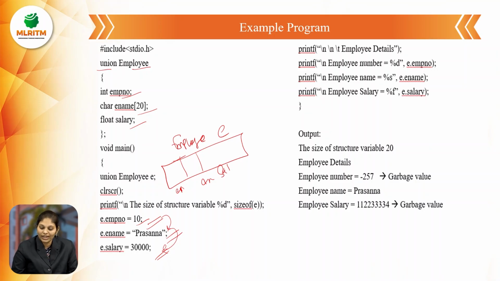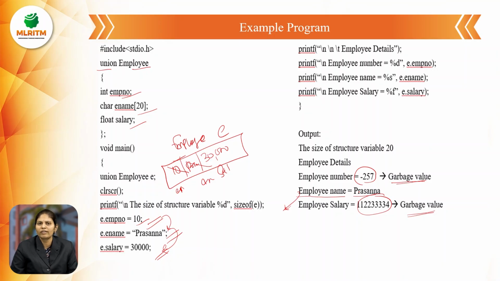So it hides the previous data. It will enter 10 bytes of data, the name will be removed, and again the name will be created, and again it will be removed, and it will store 30,000. Only the highest amount of data is kept, and the remaining data types are taken as garbage values. Only the latest stored value is printed as the result.